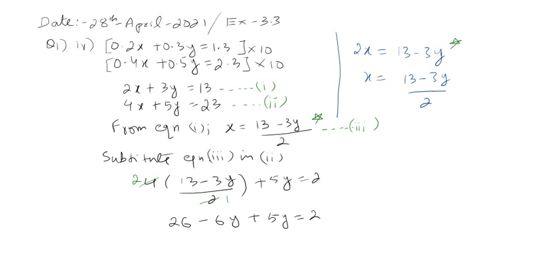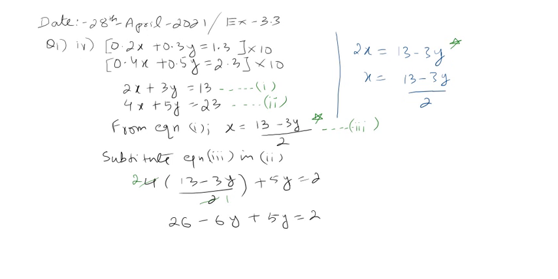So I'm going to now go to the next page. What I'll write on the next page is 26 minus y is equal to 2. Okay, let's subtract it like this.